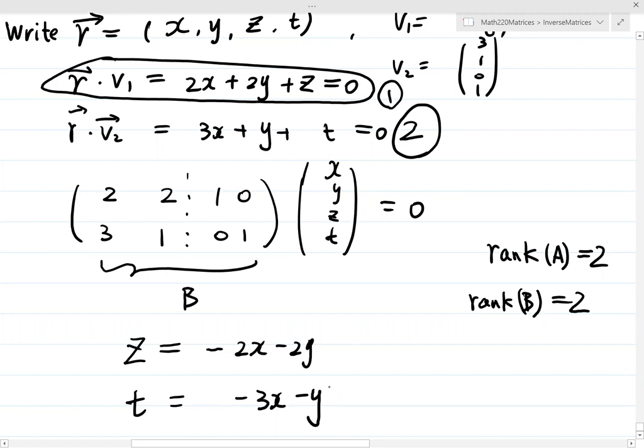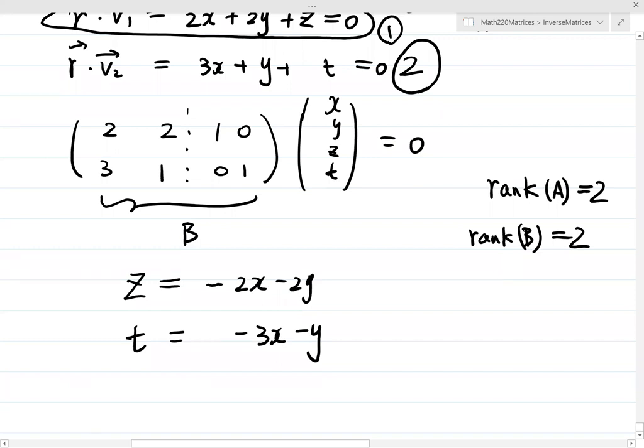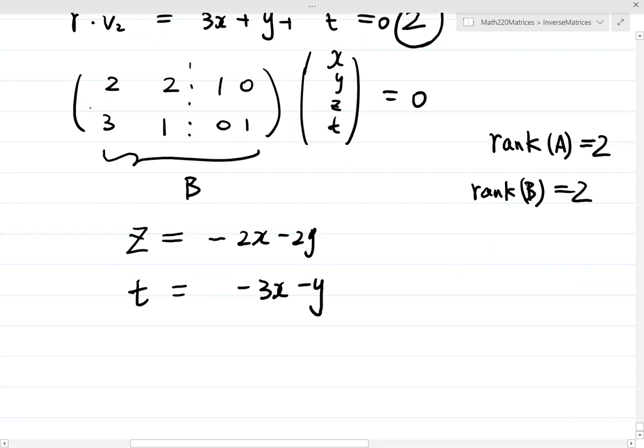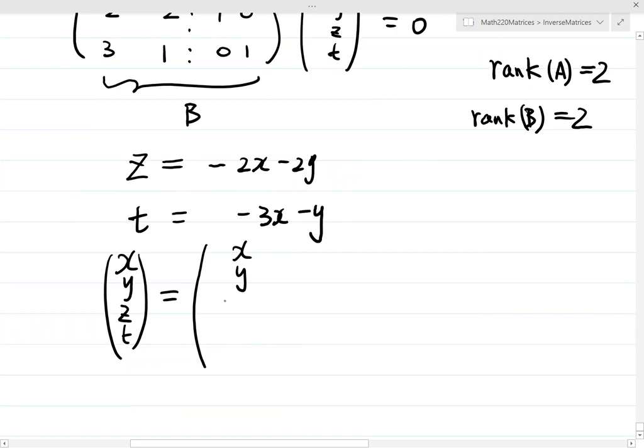So you see the solution (x, y, z, t) becomes, replacing z and t in terms of x and y: z is negative 2x minus 2y, and t is negative 3x minus y.